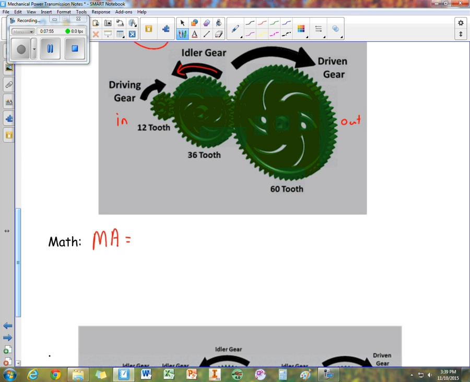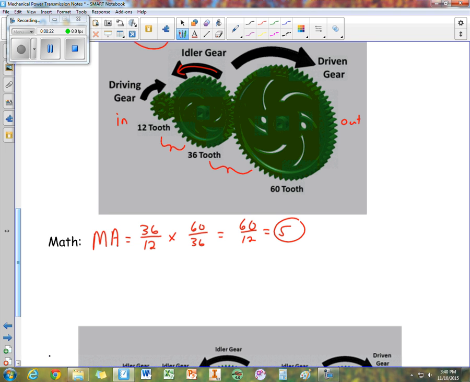Output over input, so I would have 36 divided by 12 for these first 2, times 60 over 36 for the second 2. Notice that the 36's will then cancel, and we're left with 60 over 12, which equals 5.